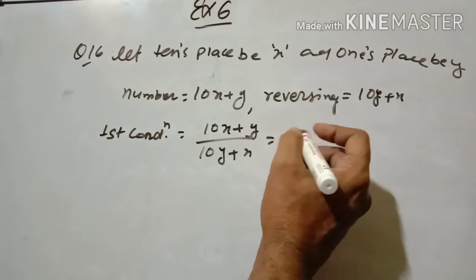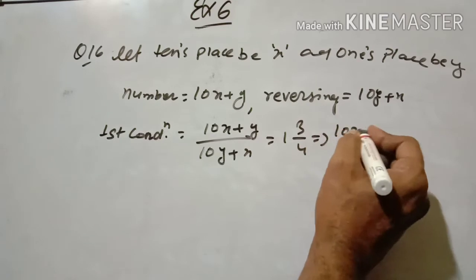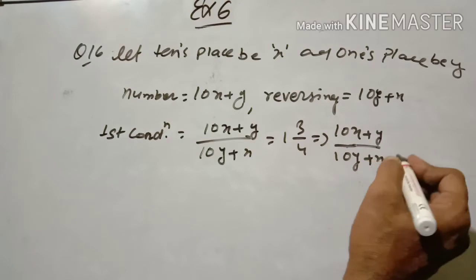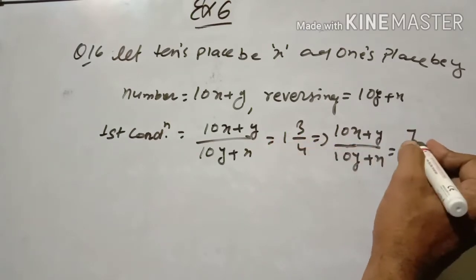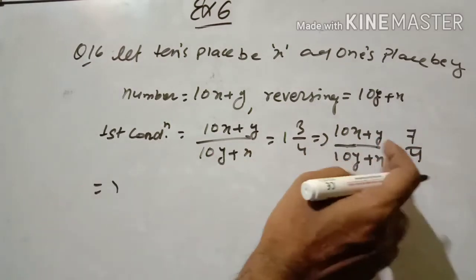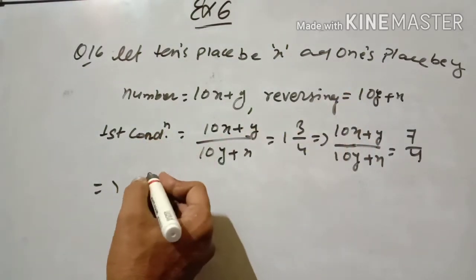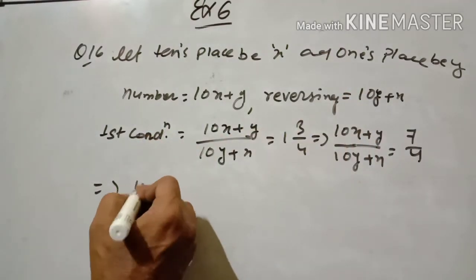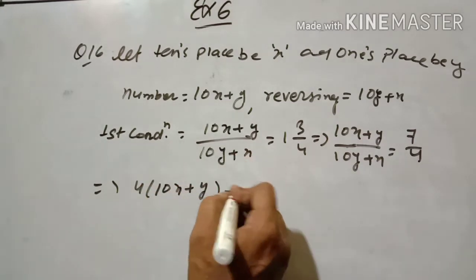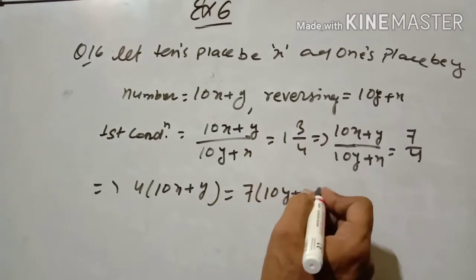This implies I can write (10x plus y) by (10y plus x) equal to 7 by 4. Now resolving this, you cross multiply, we will get 4 into (10x plus y) equal to 7 into (10y plus x).